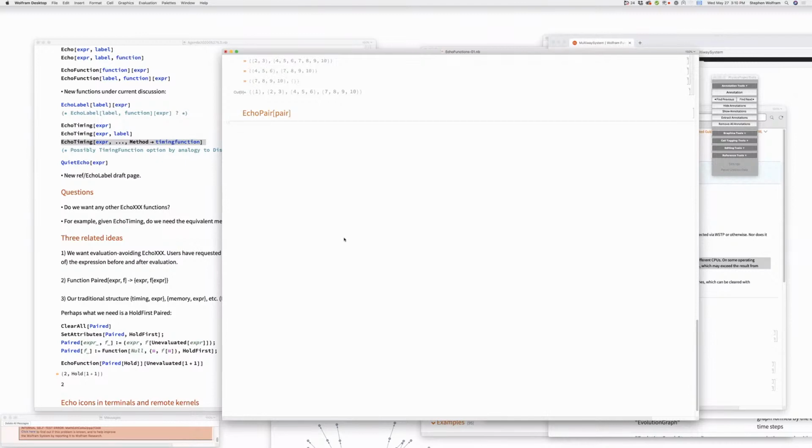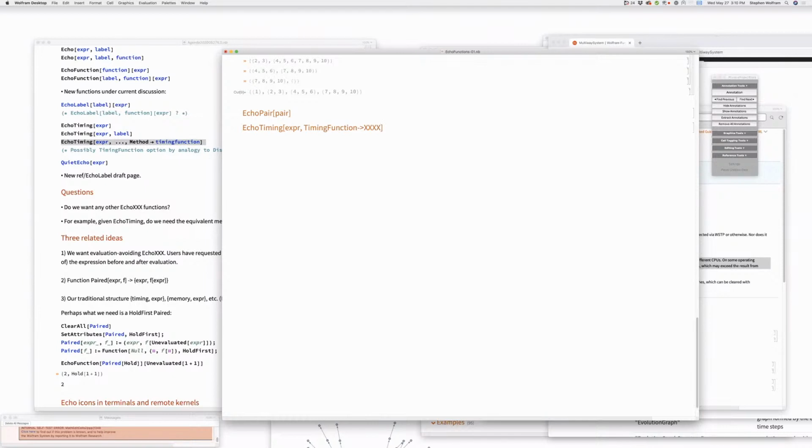Yes. But then echo timing does not accept a pair. It accepts an expression and a function that you use to generate the pair. It's a method option. Yeah, okay, fine. Yep. And then that potentially has its timing function in it.